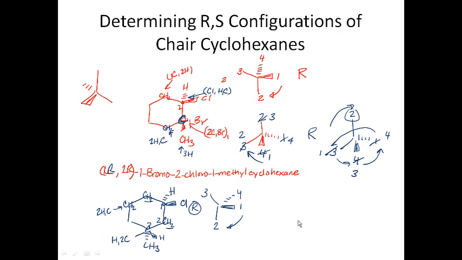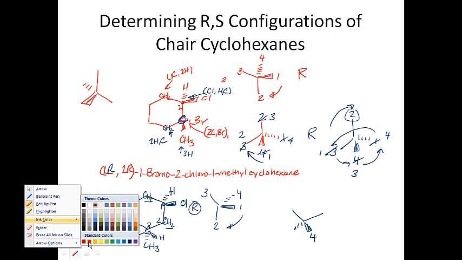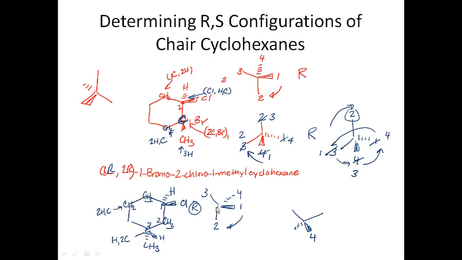For carbon 3, let's draw it in its orientation over here. And so now I need to look, and hydrogen is always the 4th priority group, so it goes on the bold wedge. Now I'm going to switch back colors here. So looking at carbon 3, I've got a CH2 versus another CH2, and so they're tied.